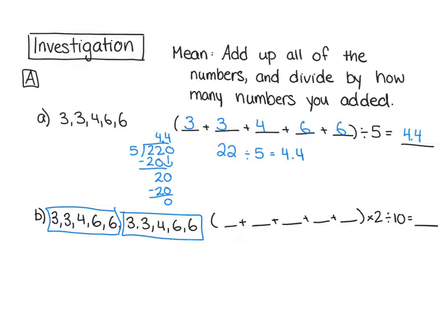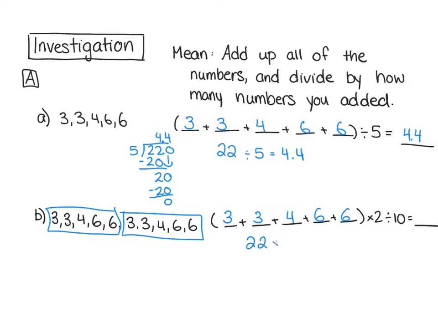So they still only give us 5 spaces because there are 5 numbers. So we're going to put the same numbers in that we did for A, but this times by 2 is here to show that we actually will be multiplying this addition section by 2 to get what both of these sets add up to.